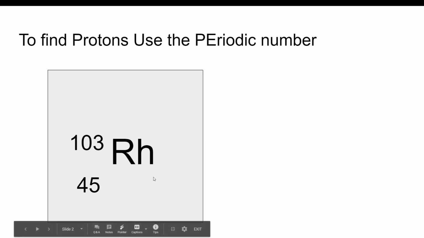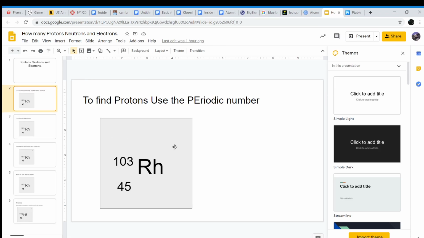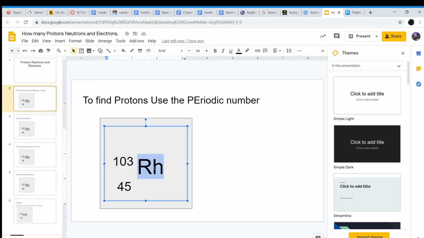Now this is an example. This is rhodium, which is a kind of rare element to come across. It is useful in strengthening a lot of other metals. This element box is going to have a couple of zones. The first one is our element symbol, which is right here.